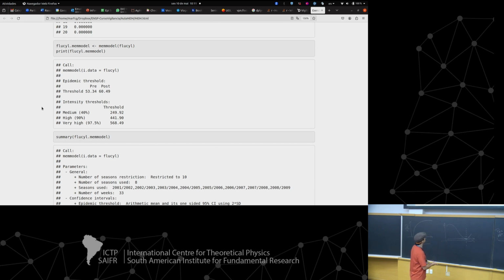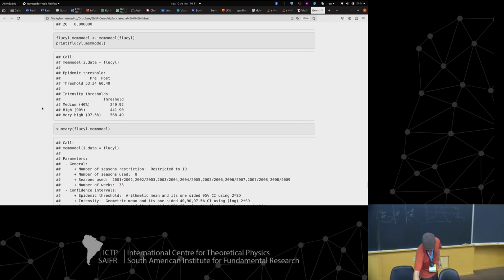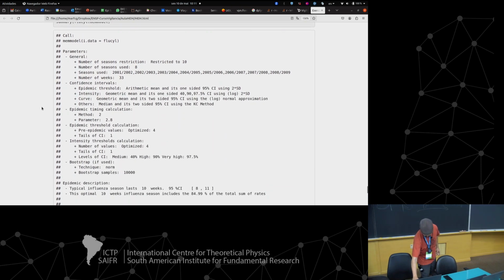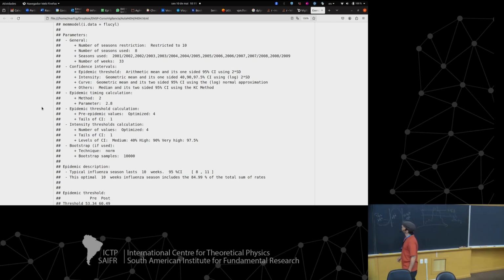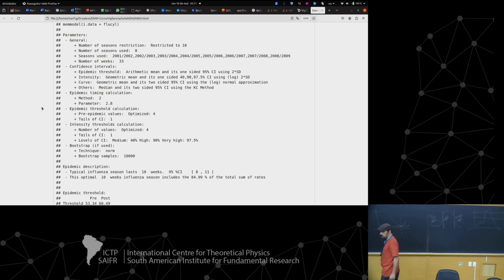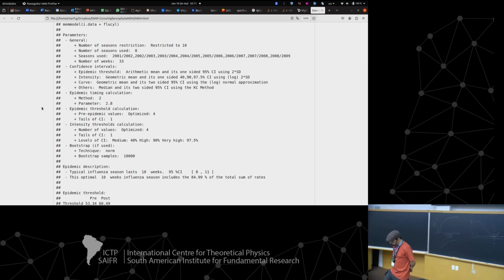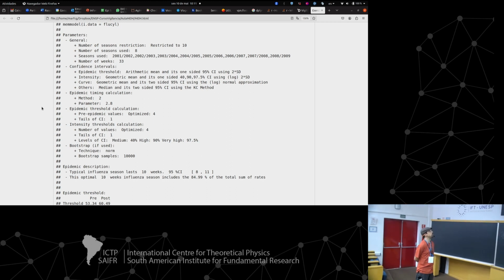Now, looking at the fine details provided by the function summary applied to this particular function, it tells you several important aspects for you to have in mind when you are reporting your results.